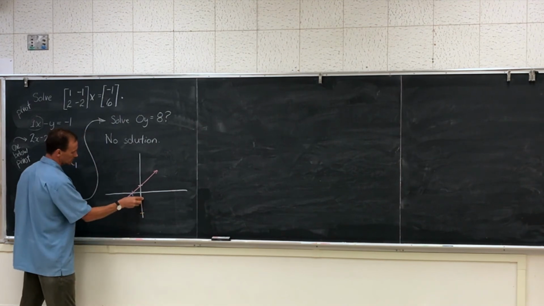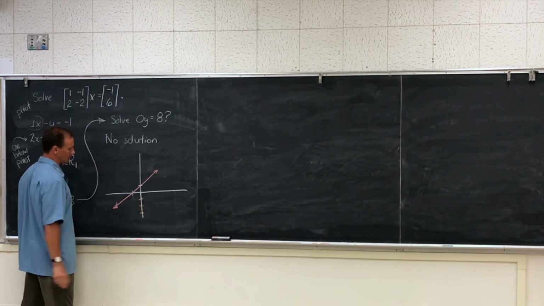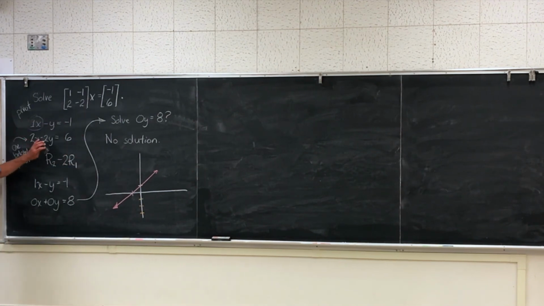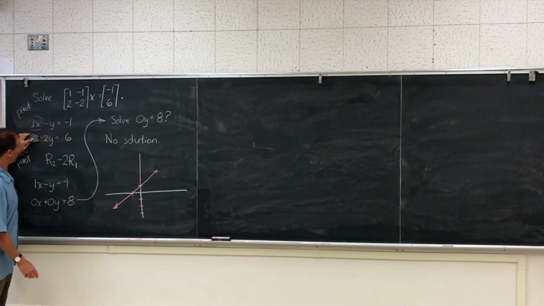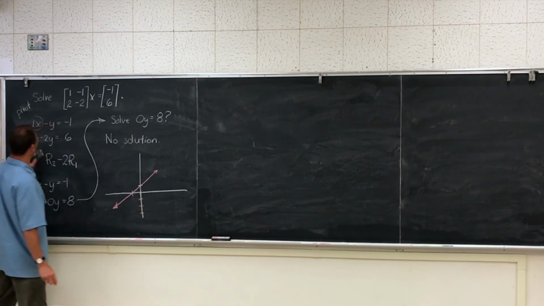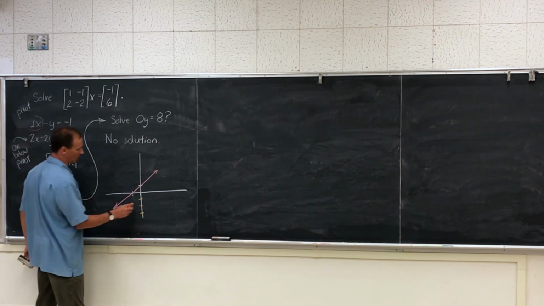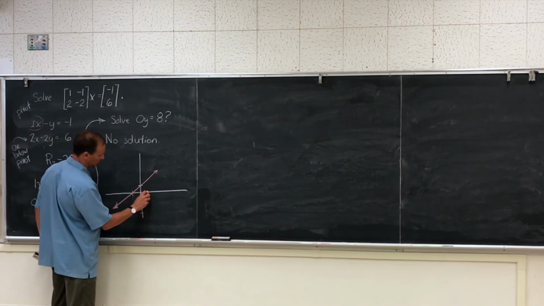X is negative 3, I'll put a dot there. And then if y, we did that. If y is 0, oh goodness. If x is 0, y is negative 3. And if y is 0, x is 3. Oh, okay, that makes more sense then.